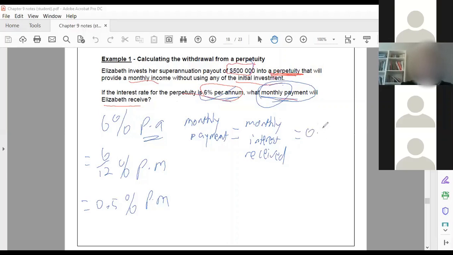So we've got 0.5% of the $500,000. So 0.5% divided by 100, of means times 500,000. So I'm just going to work that out on my calculator and you guys can do the same thing.